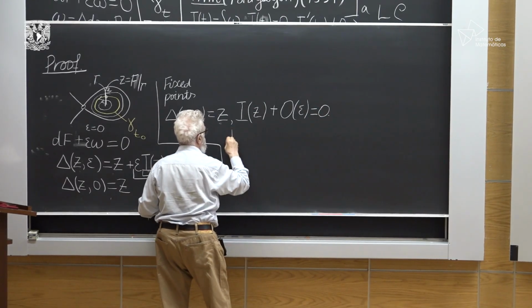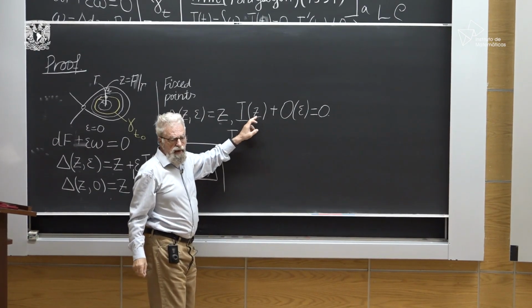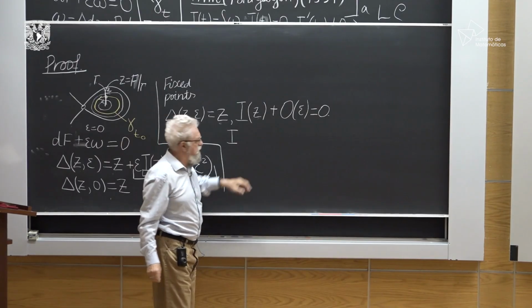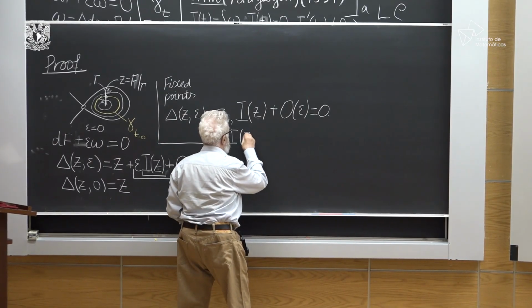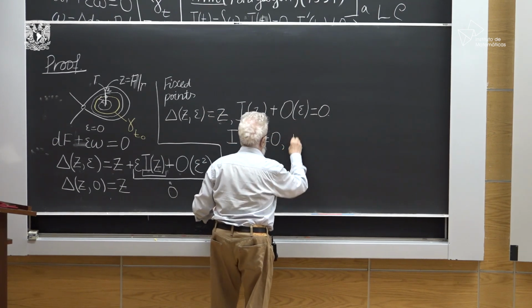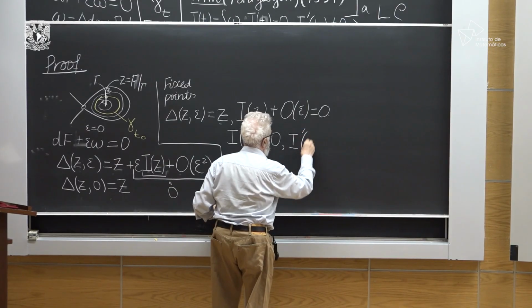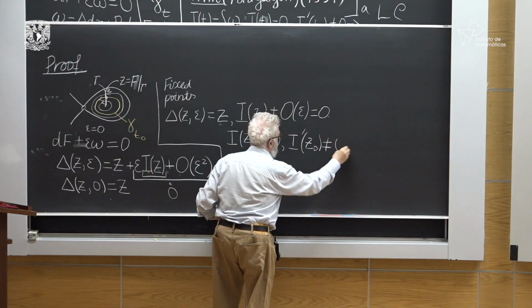We know that I replace t by z, so now I write z0 instead of t0. I of z0 equals 0. I prime of z0 is different from 0.